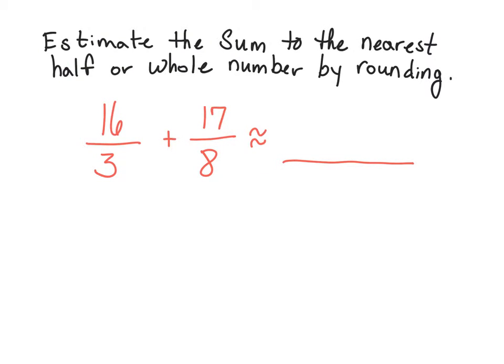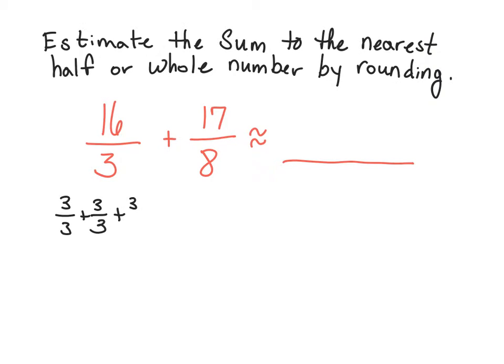Estimate the sum to the nearest half or whole number by rounding. So 16/3 plus 17/8 is about equal to what? What we're going to do is change 16/3 and 17/8 into mixed numbers. So let's start taking that and finding those wholes. Let's pull out a whole. We have 3/3 plus 3/3 gives us 6/3. We can continue.